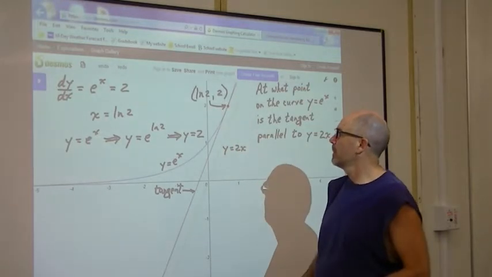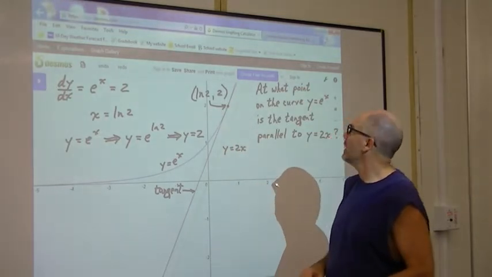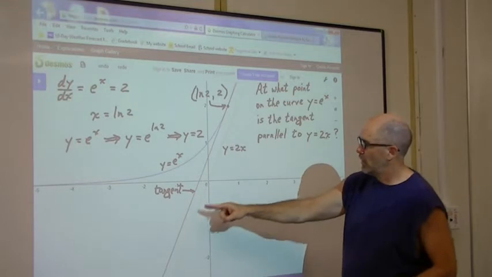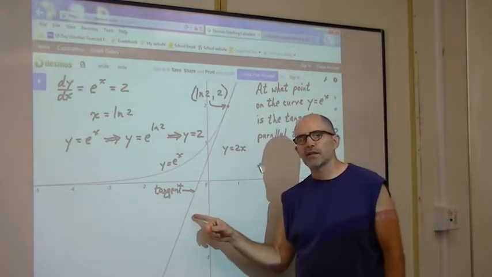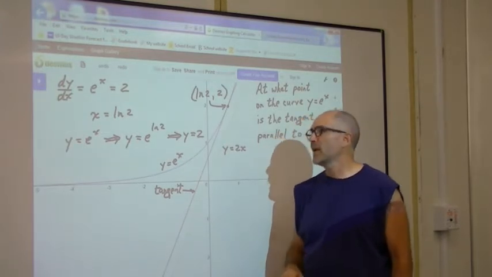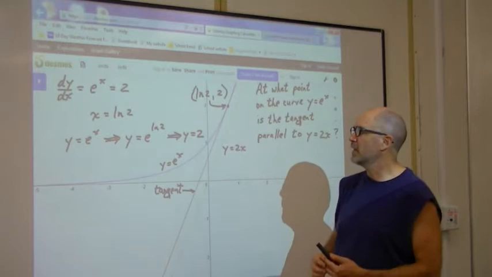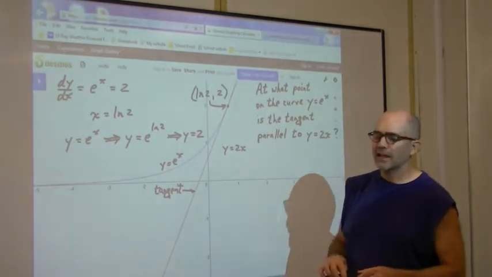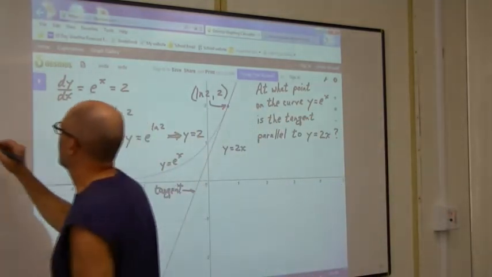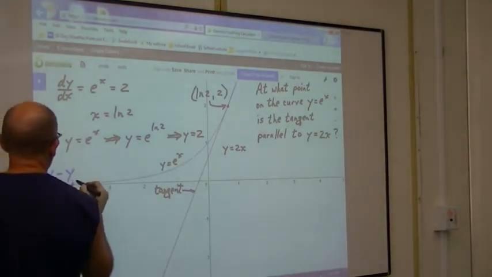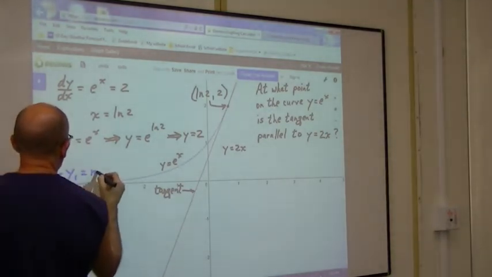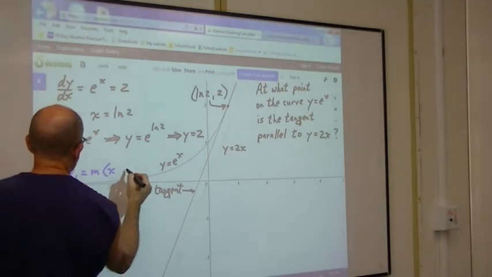Now, what if we were asked for the equation of our tangent line? Somehow we got this equation because it's already been graphed. Okay, so how do we get the equation of the tangent? Well, it's just y minus the y value equals m times x minus the x value.